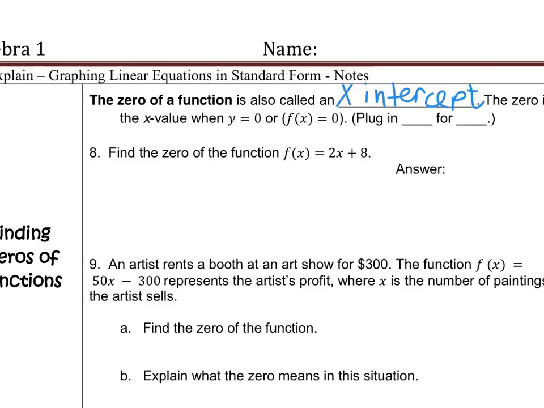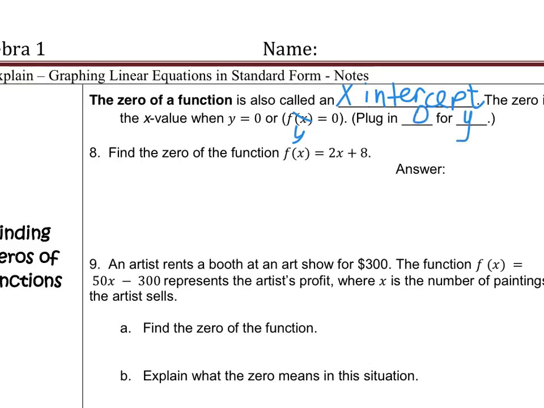So we have our y equals 0, but in function notation we would say that is f(x) equals 0. Because remember from last class, this f(x) is really the same thing as saying y. So to find the 0 of our function, we're going to plug in 0 for y.